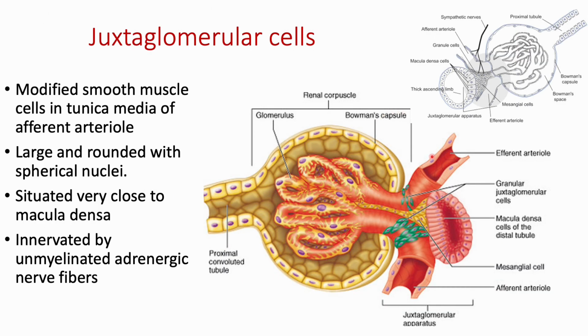Now the smooth muscle cells in the tunica media of the afferent arteriole are modified to form the juxtaglomerular cells. They are large, rounded, spherical cells with nuclei, situated very close to the macula densa, and they are innervated by adrenergic nerve fibers.